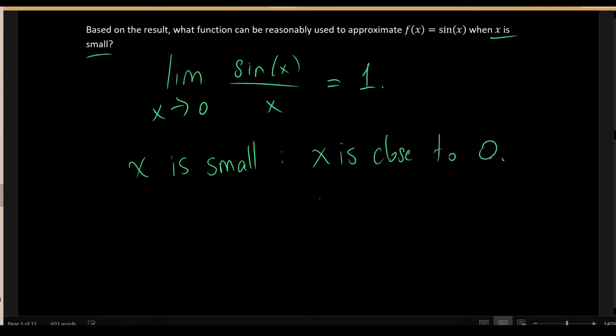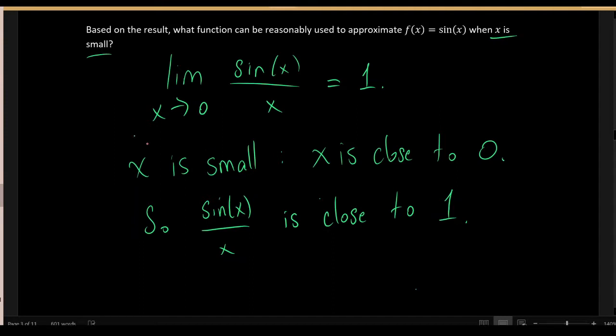What we have said when we do this limit calculation is that when x is close to 0, the output of the function is going to be close to 1. That's what this limit means.